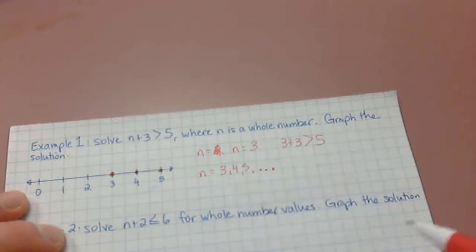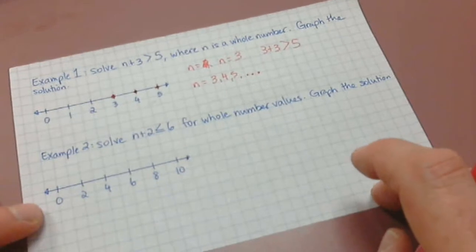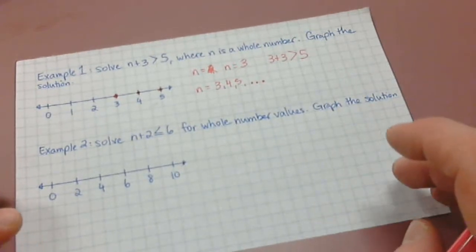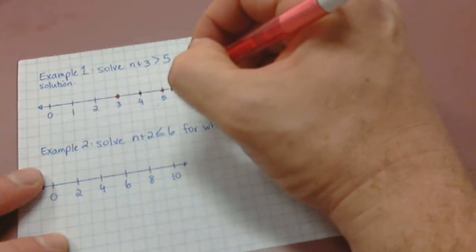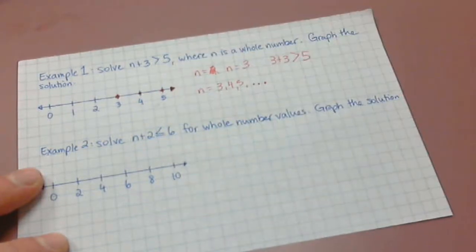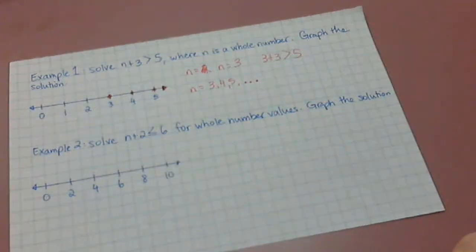Basically, 3 is the smallest number that n could be. For this one, I would color the arrow red as well, which means that it's going to keep going on to the right.